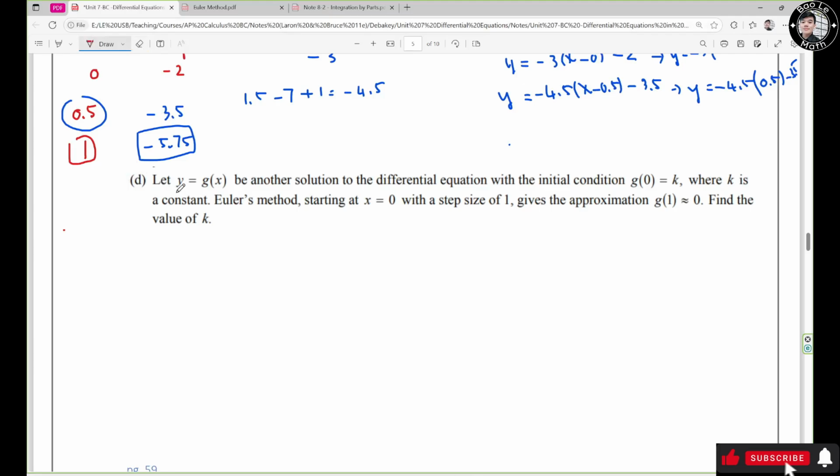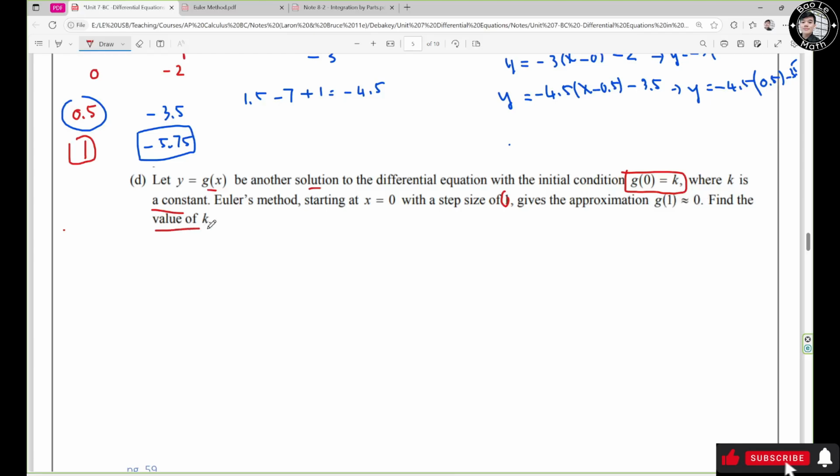Now let's move on to question D. Let y equals g of s be another solution to the differential equation with the initial condition g of 0 equals k, where k is a constant. Euler's method starting from s equals 0 with a step size of 1 gives the approximation g of 1 equals 0.